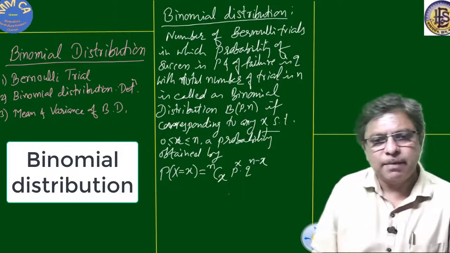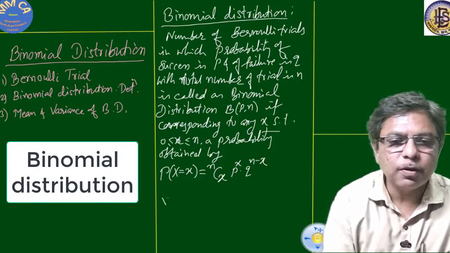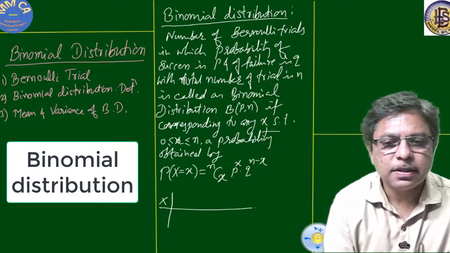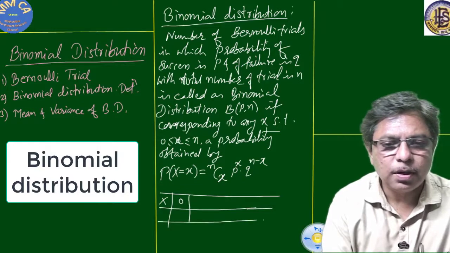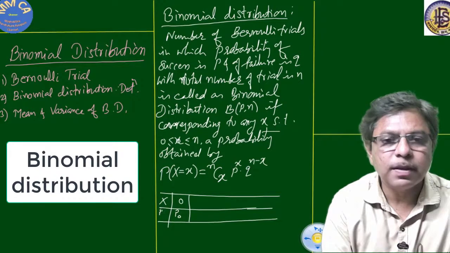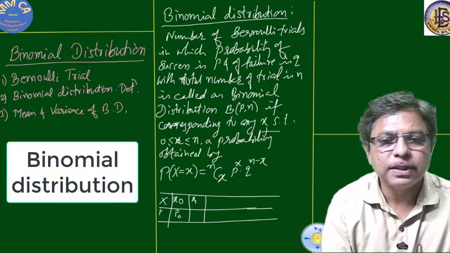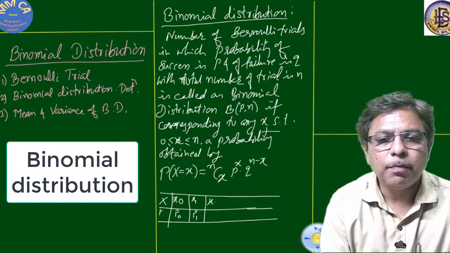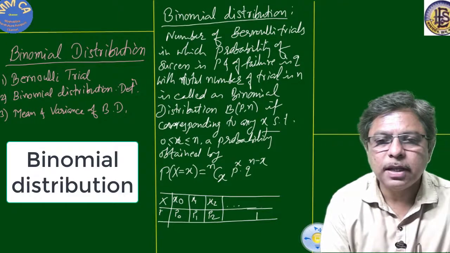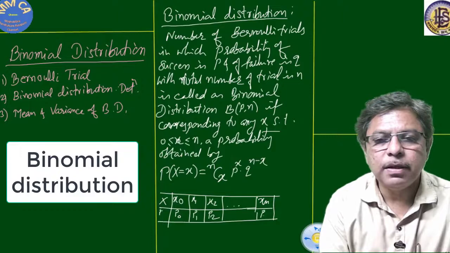So a table containing the values of x as x0 with probability p0, x1 with p1, x2 with p2, and so on, with the last value xn having probability pn.